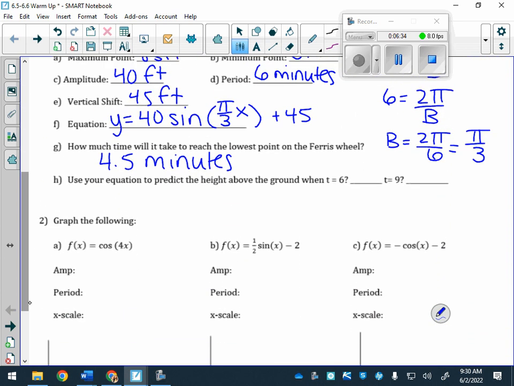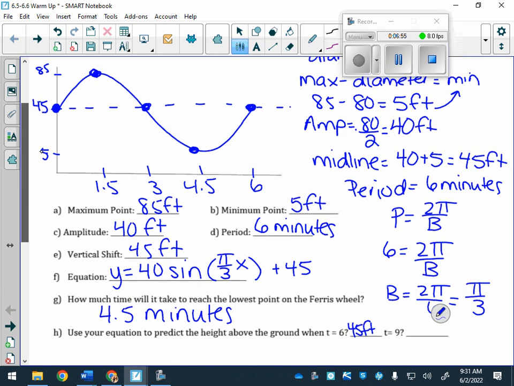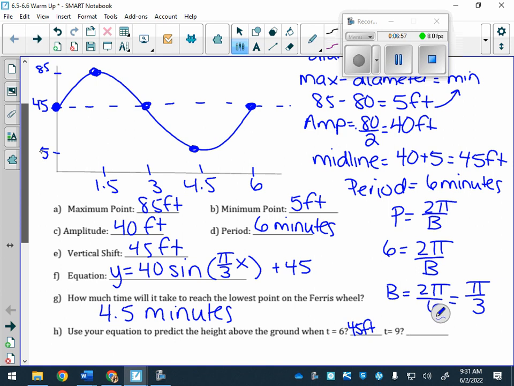Use your equation to predict the height above the ground when t equals 6, which we could also see from our graph. What do we have? 45 feet. Thank you, Catherine. And then 9 we can't see on the graph, but can we predict it? What would it be?